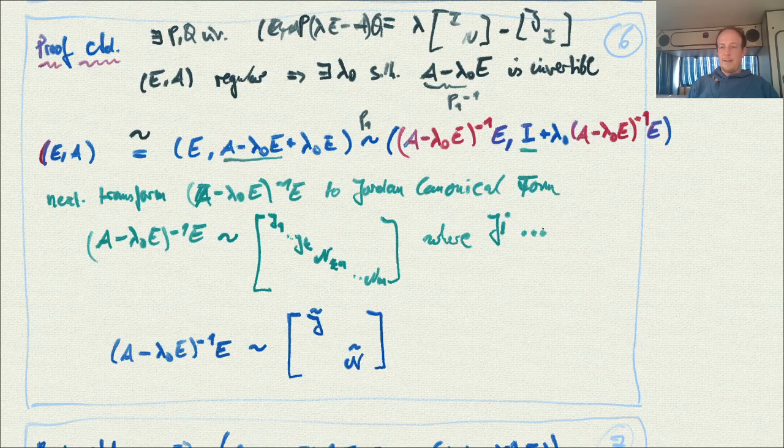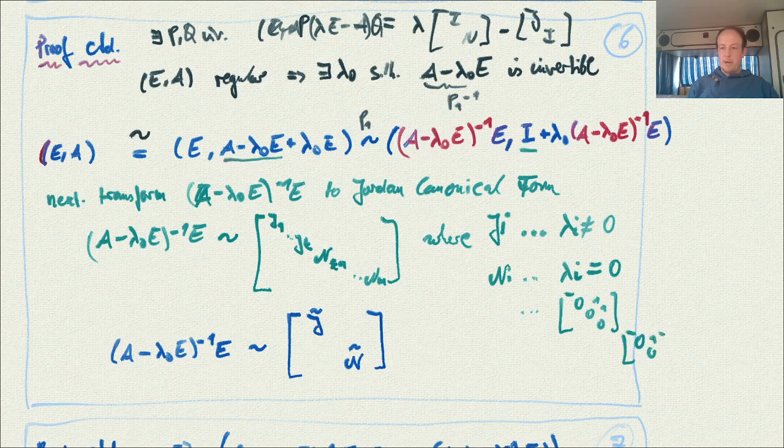So this Ji is defined through the lambda i, through the eigenvalues that are non-zero, and Ni are those Jordan blocks for which the lambda i is in fact 0. Meaning, these Ni will look maybe like that, 0, 0, 1. This would be one such block, or maybe one of size 1, size 2, and you name it.